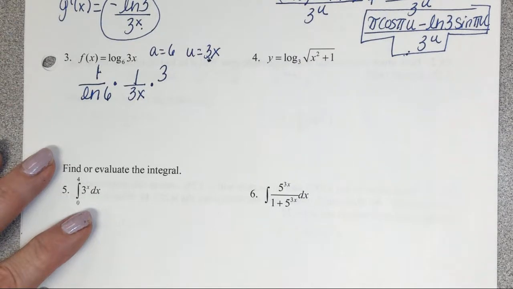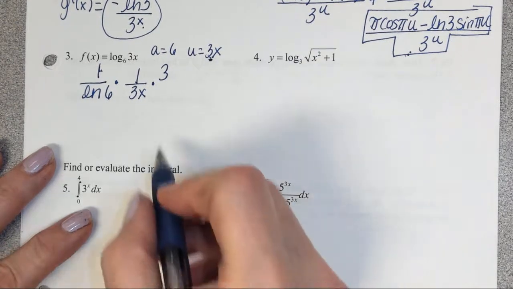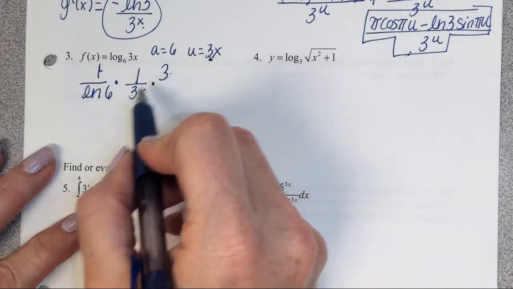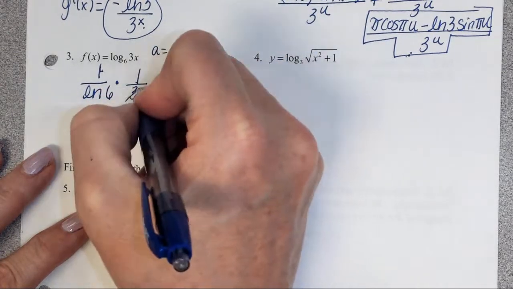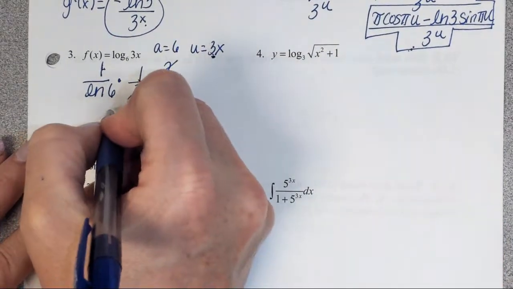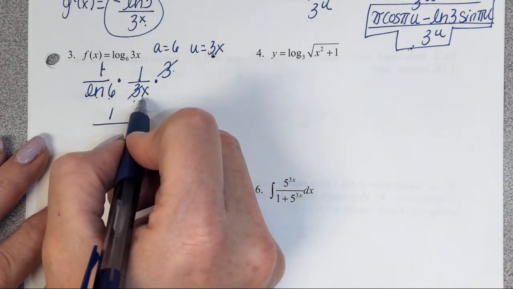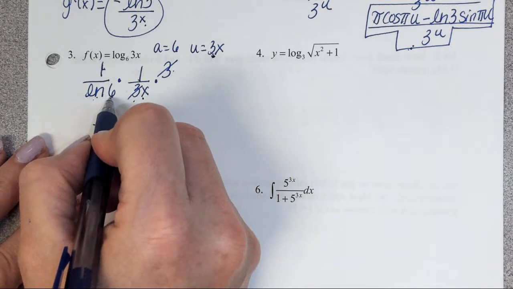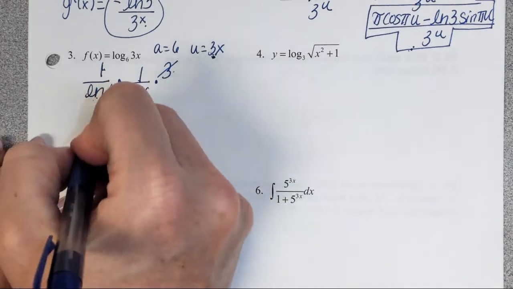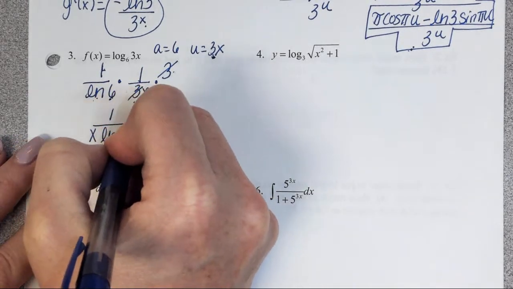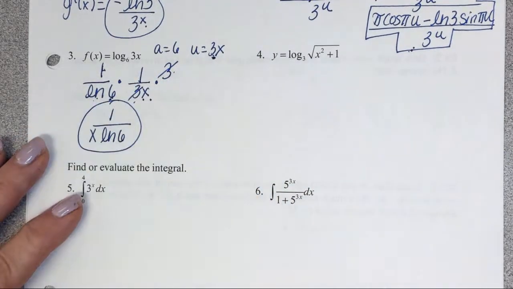So this is what we get. This is all just multiplication, so we're just simplifying. So we've got 3 divided by 3, that can cancel. And so we probably would just want to write this as, this isn't the natural log of 6x, it's really the natural log of 6 times x. So I might want to just put this x first. That makes it easier to understand what's going on there.